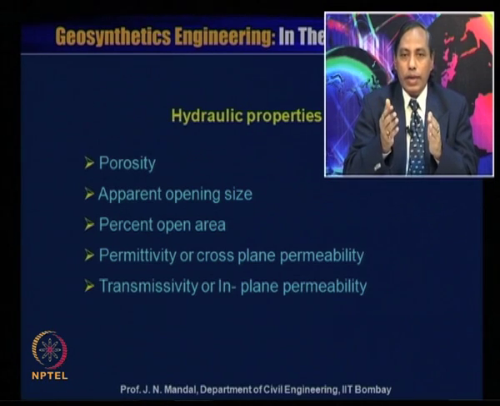So, hydraulic related properties are also very important. This is a flow related problem, not a strain related problem. So, we have to determine the porosity of the geosynthetic material, apparent opening size, percent open area and permeability or the cross plane permeability and transmissivity or in plane permeability.